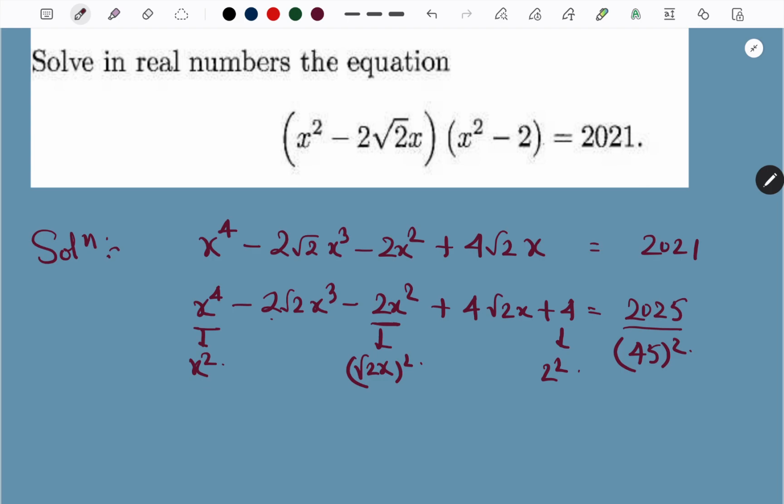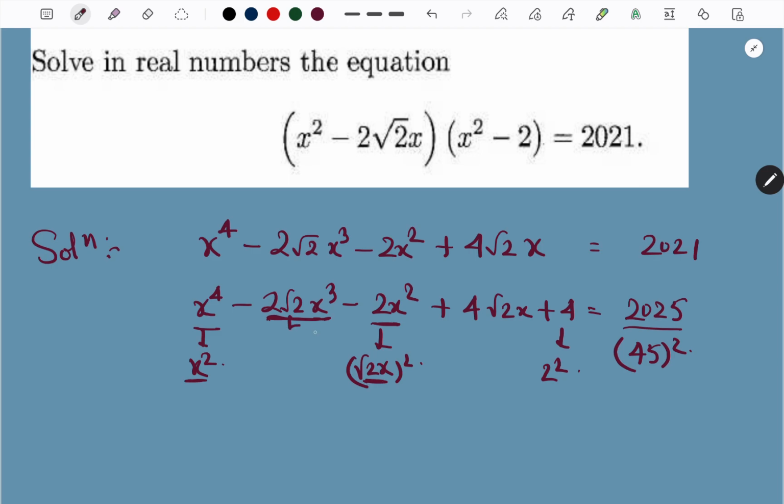Now there is a negative sign here in x³, so x² has been multiplied with √2x, so the value has become 2ab, that is a squared, b squared, c squared, 2ab.